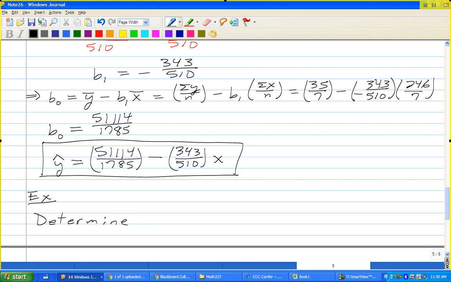The mean of x, the mean of y, the variance of x, the variance of y, the correlation coefficient, and the regression line for each of the following.